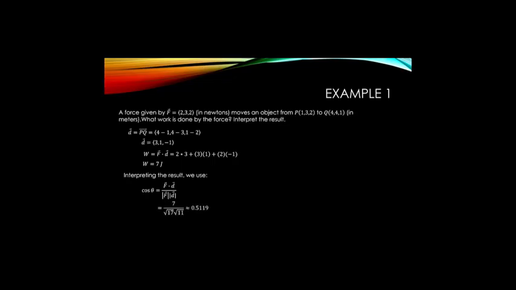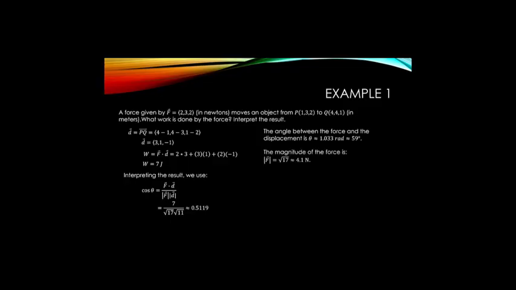My dot product of F and d is 7. The magnitude of F is the square root of 17. The magnitude of d is the square root of 11, so that my cosine of theta is approximately 0.5119. The angle between the force and the displacement, theta, is approximately 1.033 radians, which is approximately 59 degrees.